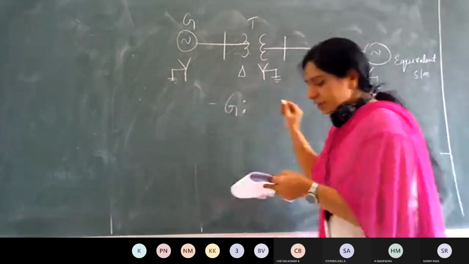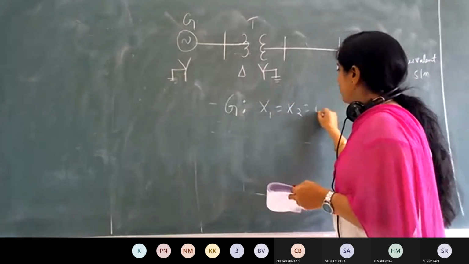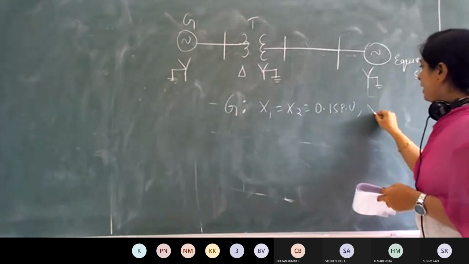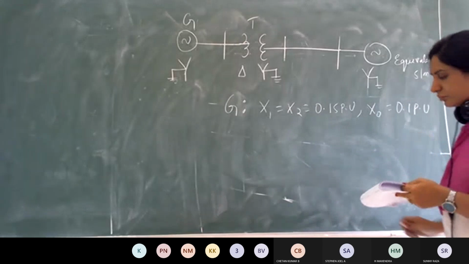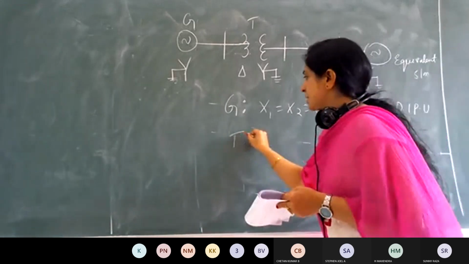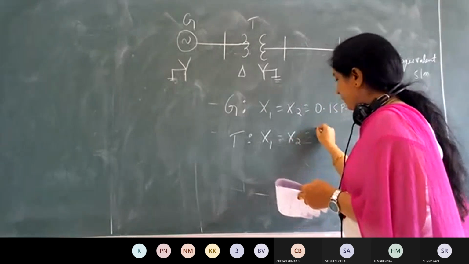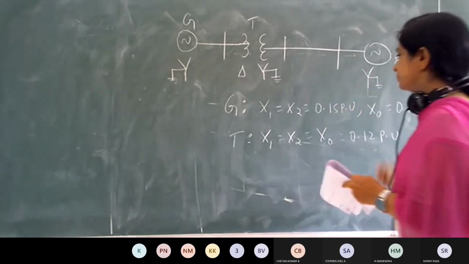Table, generator ratings: X1 equals X2 equals 0.15 per unit, X0 equals 0.1 per unit. Next, transformer rating: X1 equals X2 equals X0 equals 0.12 per unit.